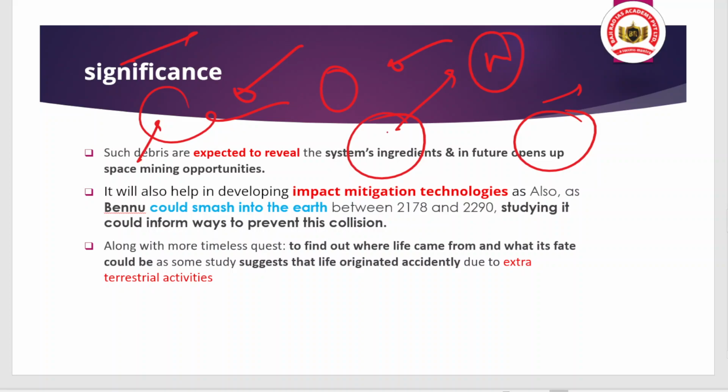So this will also help in developing impact mitigation technology, as it is predicted that asteroid Bennu could smash into the Earth between 2178 and 2290. So studying the composition will inform ways to prevent this collision.